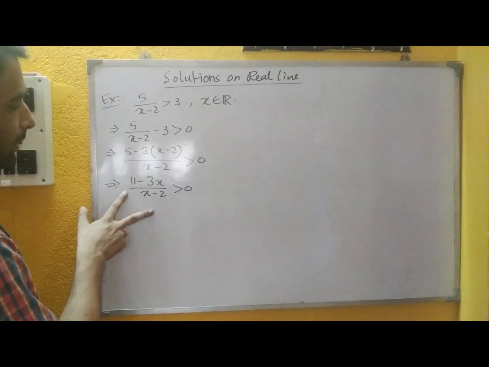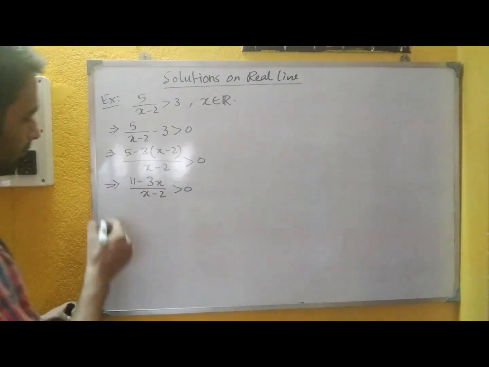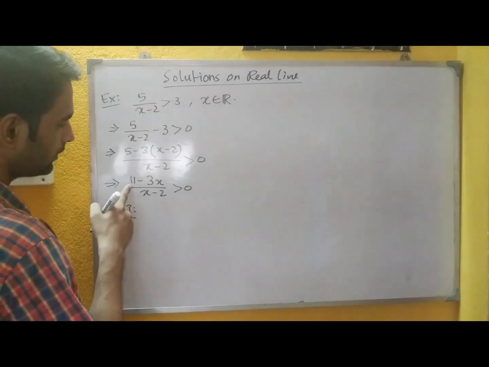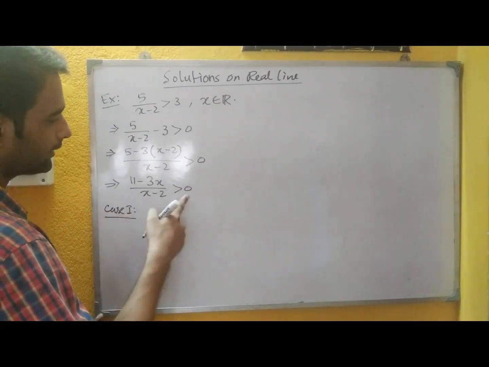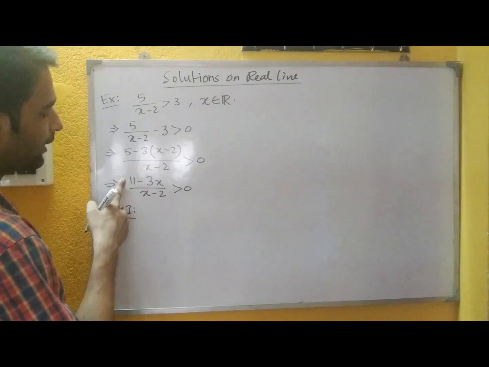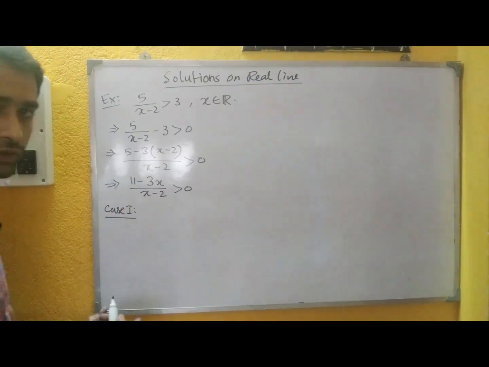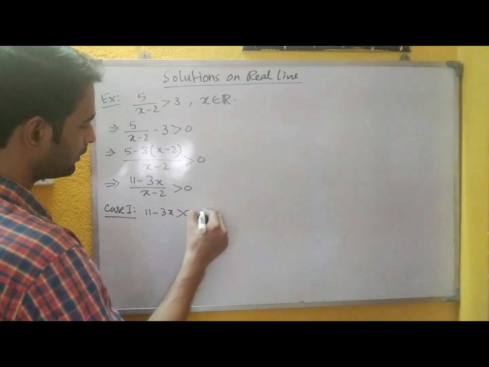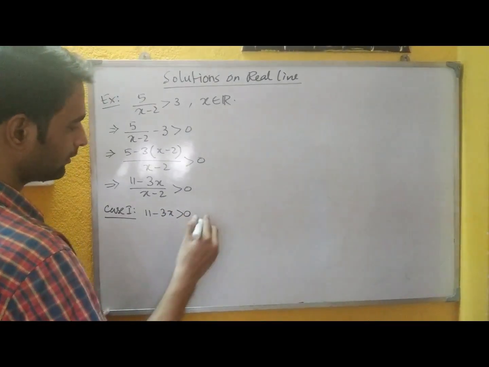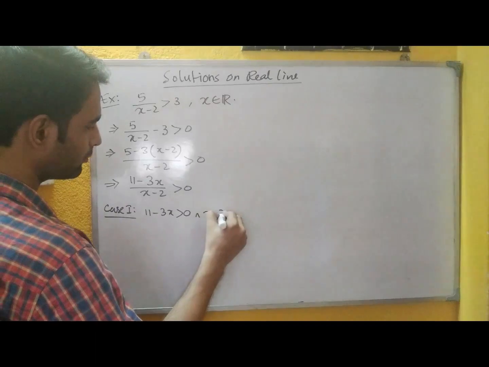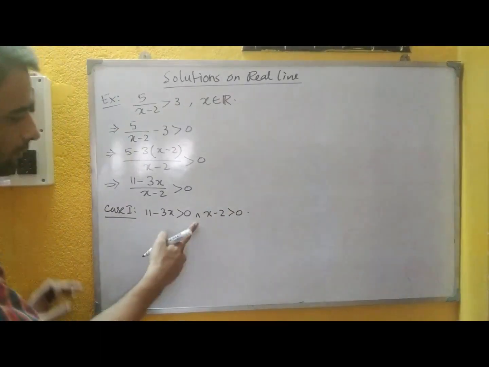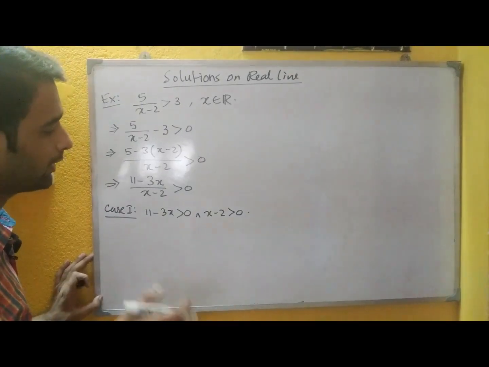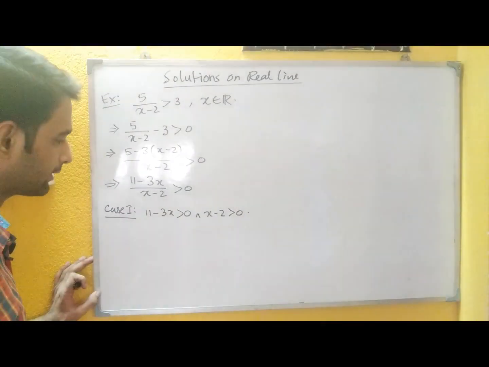So we have to keep it here, and we will make 2 cases. See, because it is a ratio and the ratio is positive, that means the numerator and denominator will both be positive. So we will write 11 minus 3x greater than 0 and x minus 2 greater than 0. Always remember to give this 'and', because this will be more logical and it will help you find the solutions.